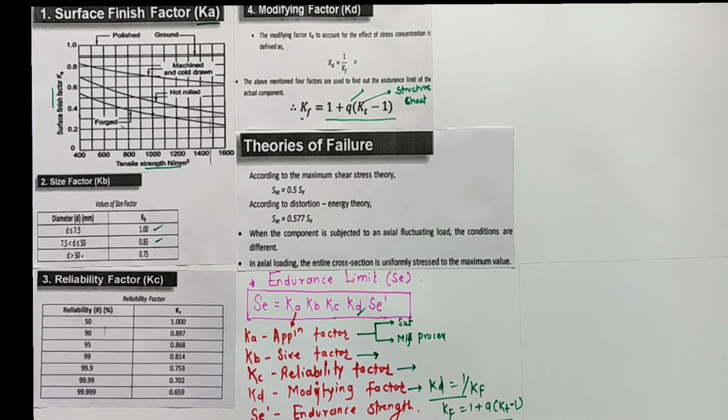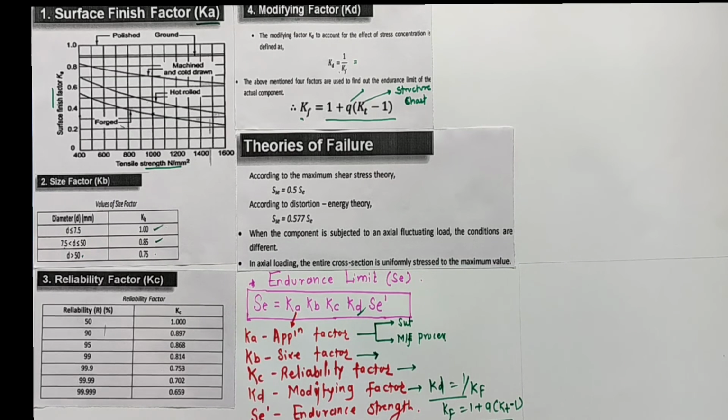Correct? Now SE dash, endurance strength. Endurance strength basically depends on the material. If the material is steel, endurance strength is 0.5 times SUT. Always remember this. If the material is cast iron or brittle, it will be 0.4 times SUT.